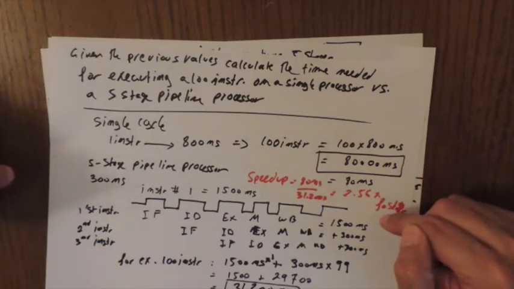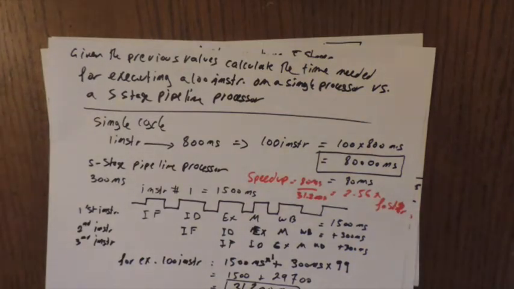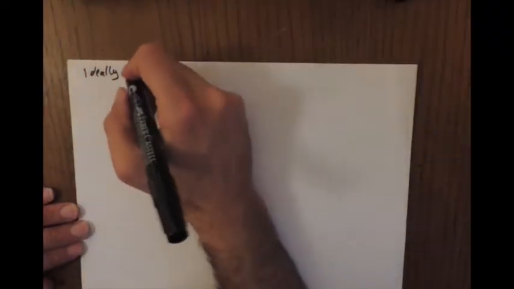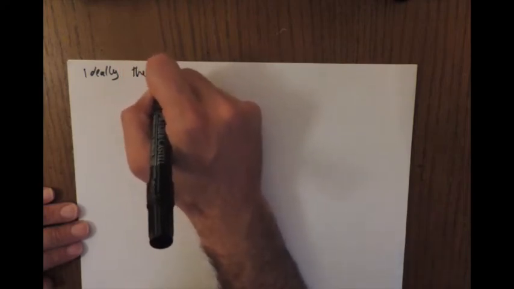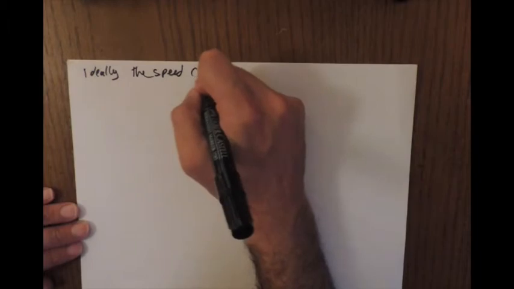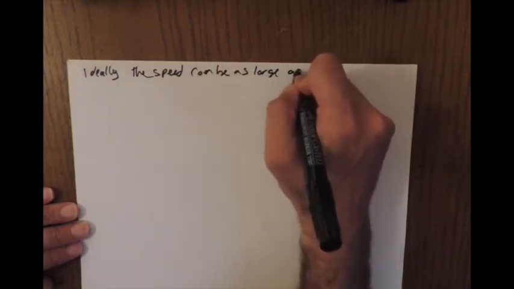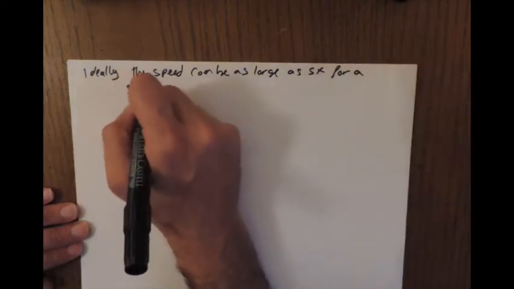And also this is true only for ideal cases. So what do we mean only ideal cases? So ideally, the speedup can be as large as 5 times for a 5-stage pipeline.